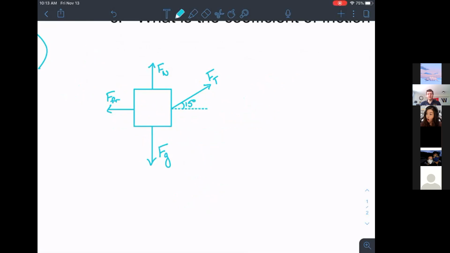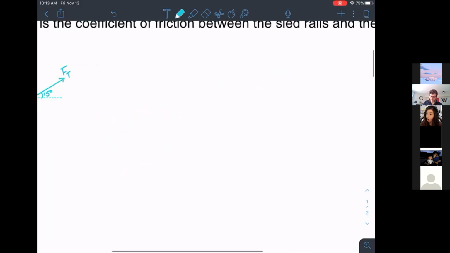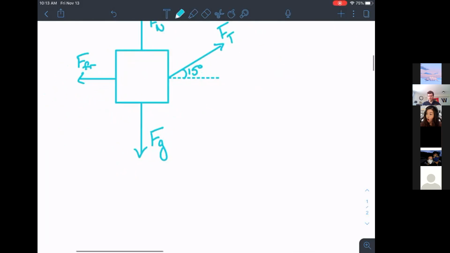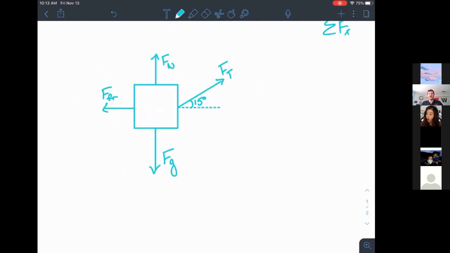So then I want you guys to notice something. If we're looking at the sum of our forces, let's look at the sum of our forces in the x direction, and then the sum of our forces in the y direction. Can you guys tell me what forces you see acting in the x direction?